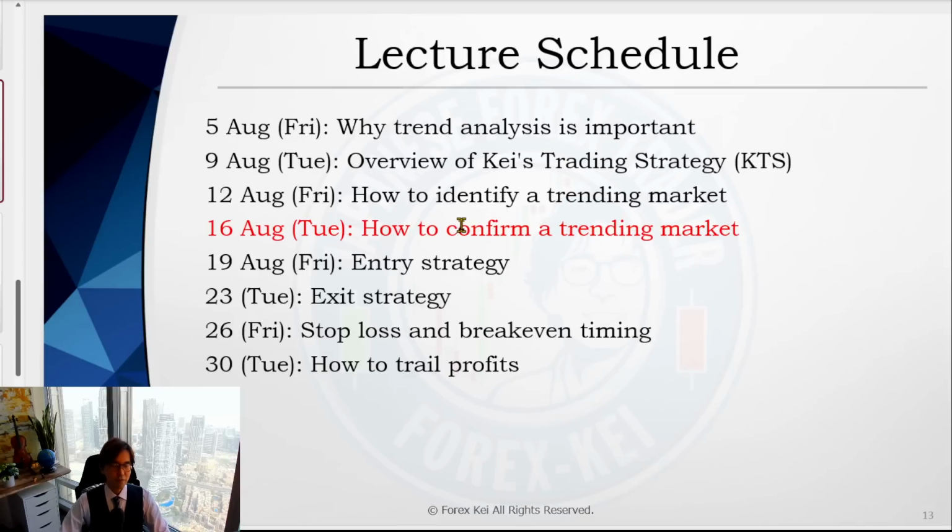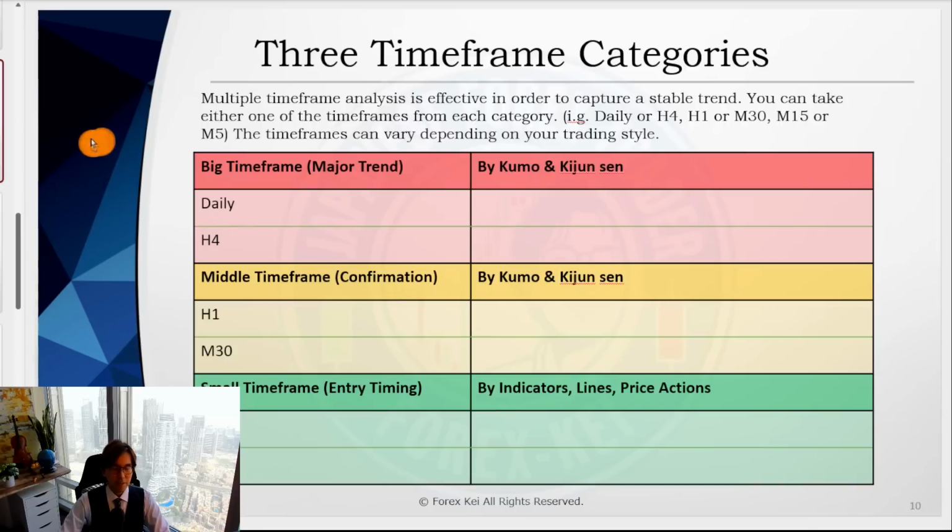This part is really important because without this confirmation, again, you may be caught by the retracement. Let's say you see the market is going down based on the daily time frame, and the 4-hour is also down. You may think that this is trending down nicely and that this downtrend will continue.